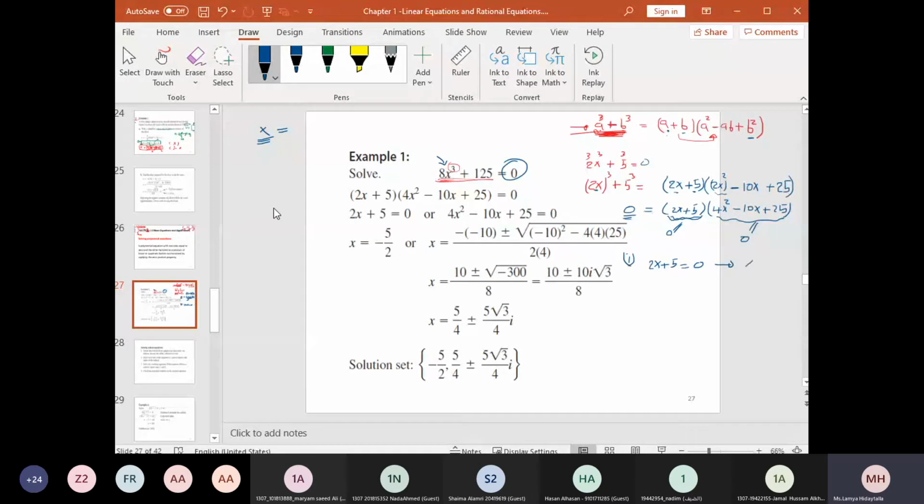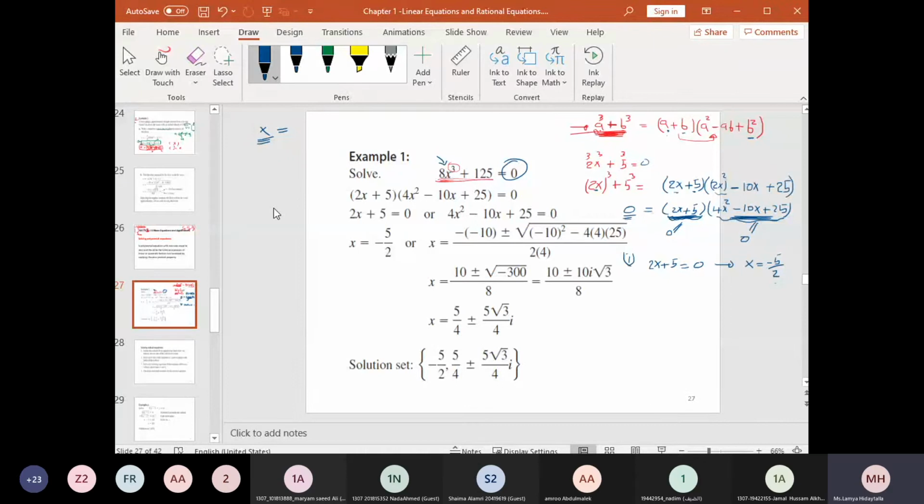This implies x is equal to minus 5 over 2, correct? So we get the first solution from here. By the way, a linear equation has only one unique solution, a quadratic has a maximum of 2 solutions. You can't get three solutions from this term.